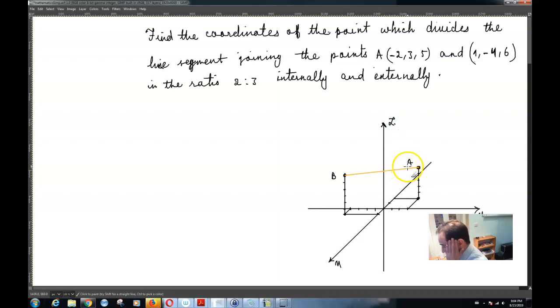First, what you want to find over here algebraically is to use the section formula to find the coordinates of the point that divides this line segment either externally or internally in this ratio.